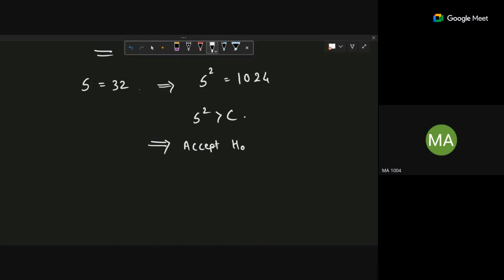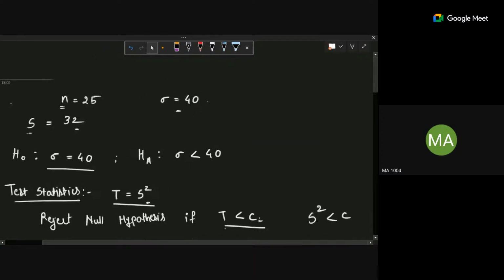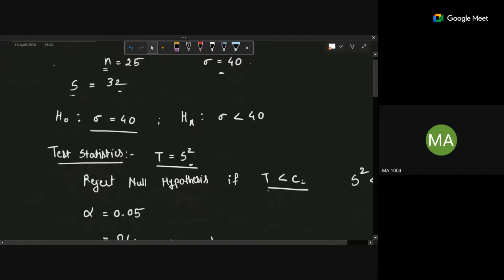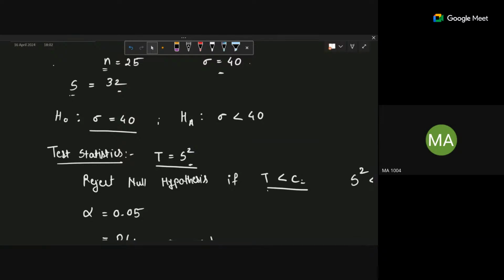So what we did in this one, from the given question, we get to know that we have to test against the standard deviation, right? We said the claimed standard deviation was 40 grams, but when 25 samples were taken into consideration, the sample standard deviation comes to 32 grams.